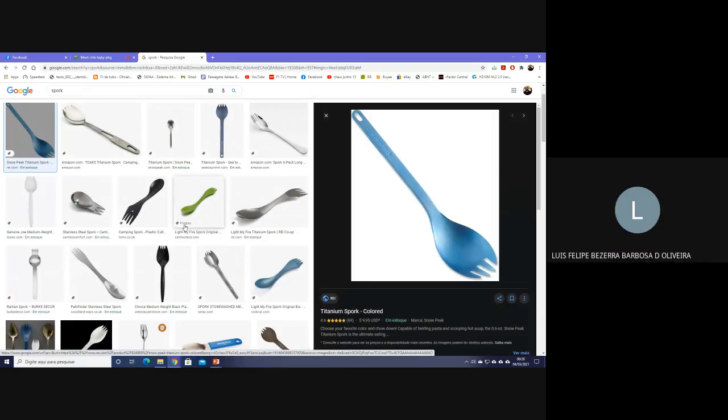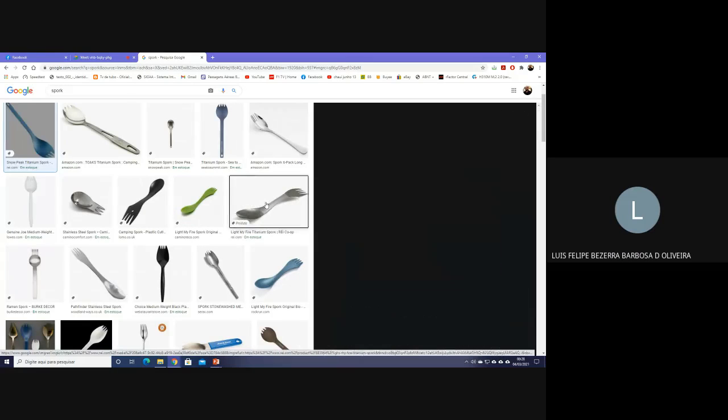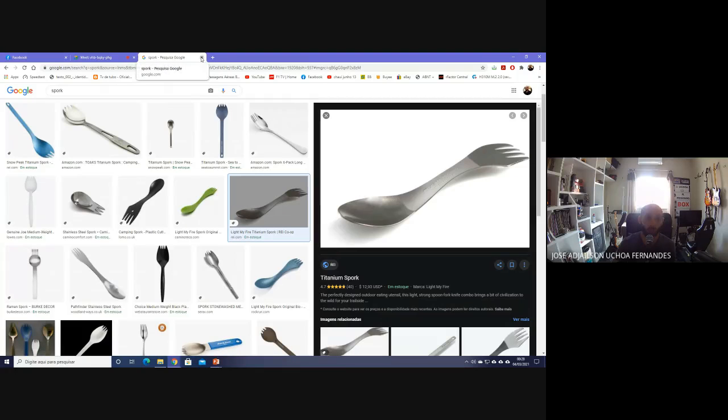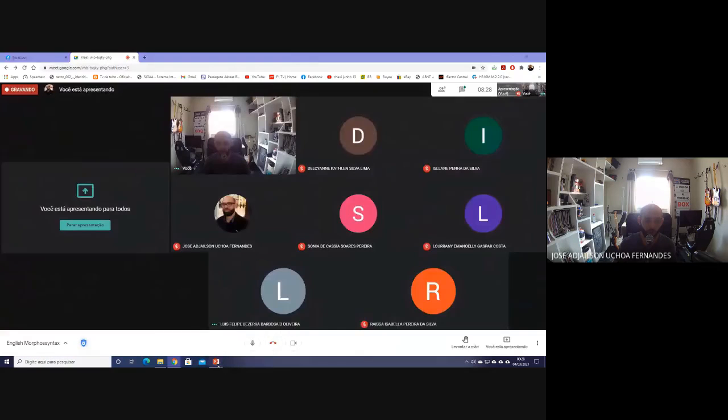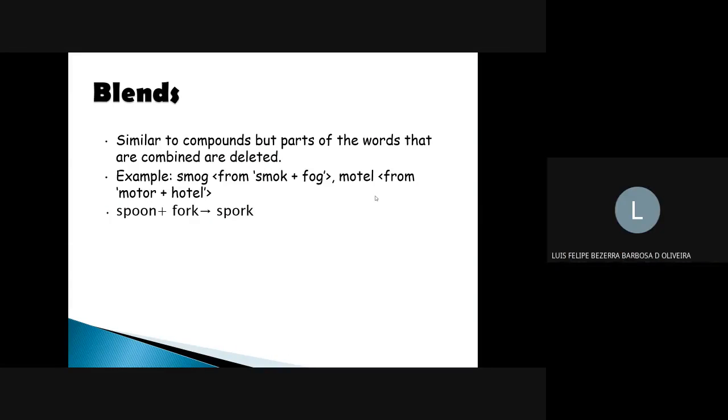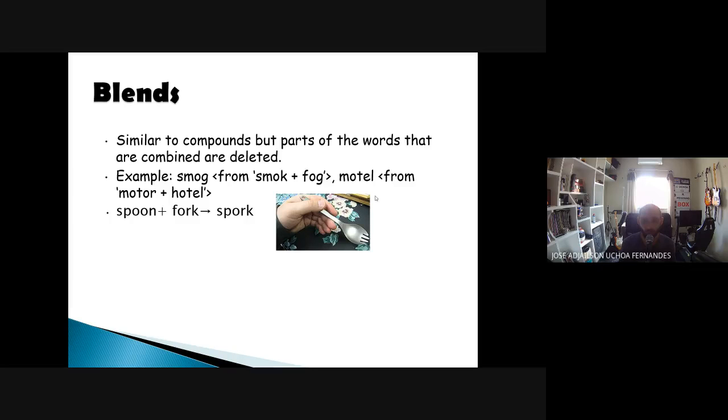Another example would be brunch. Yeah, good example. Brunch, which is breakfast plus lunch. Oh, we had the spork here.